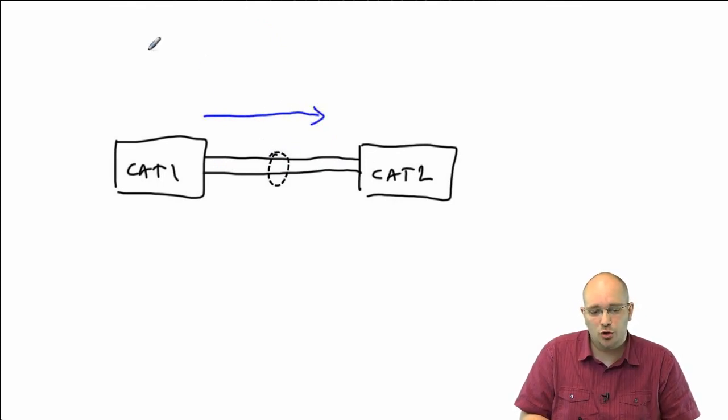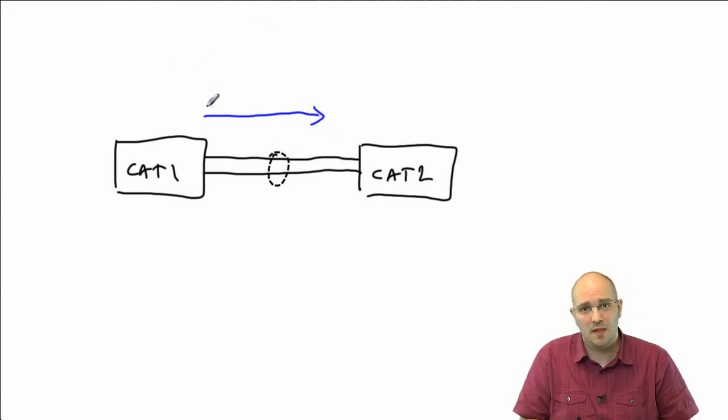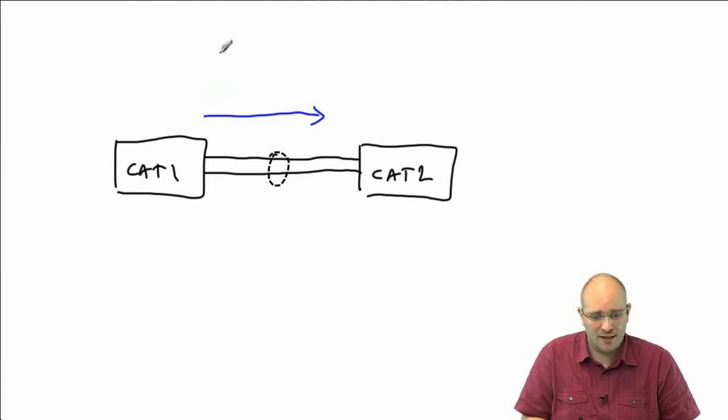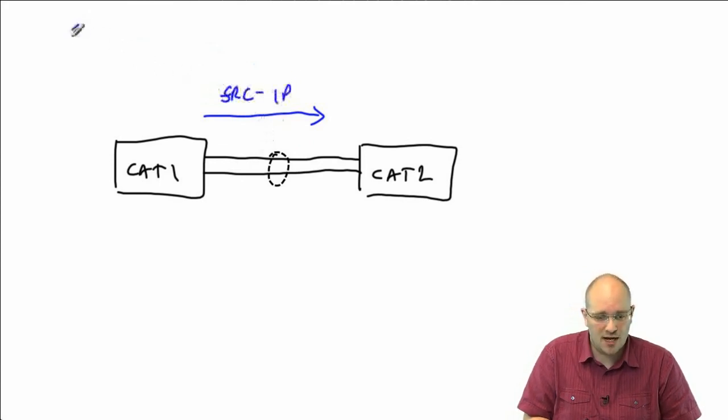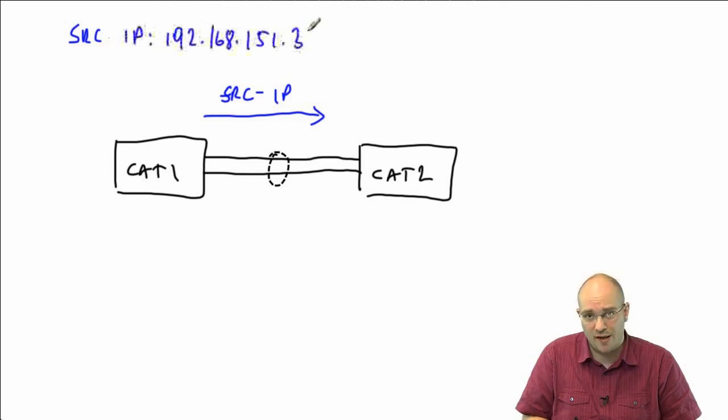And let's say that I want to use source IP as the basis of our load balancing. So my algorithm in use is based on the source IP address. Let's say that the source IP address here is 192.168.151.33. Which link will end up being used? Link 0 or link 1?